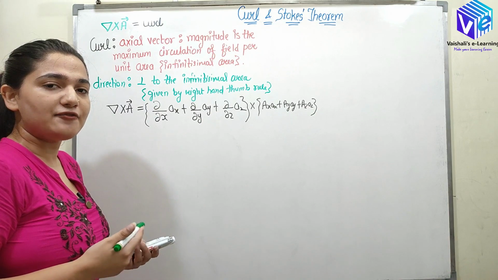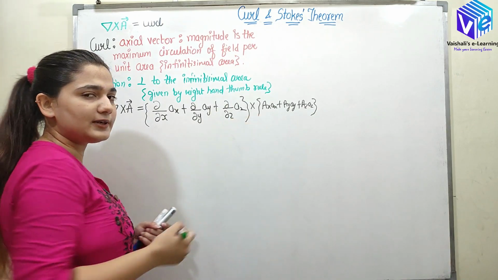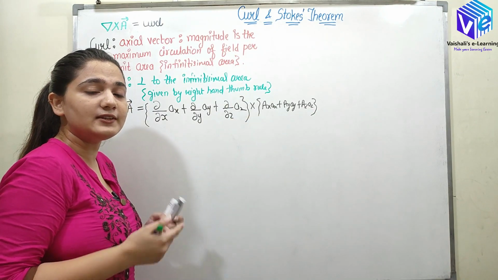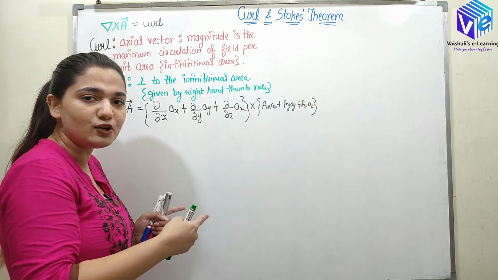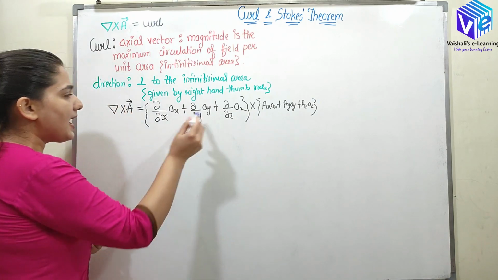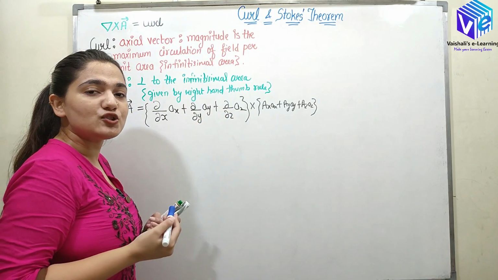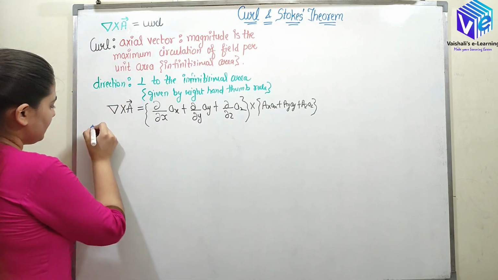Now, if I have to represent any cross product, I denote it with the help of a matrix and the determinant of the matrix. So this is my representation in the case of Cartesian coordinates.